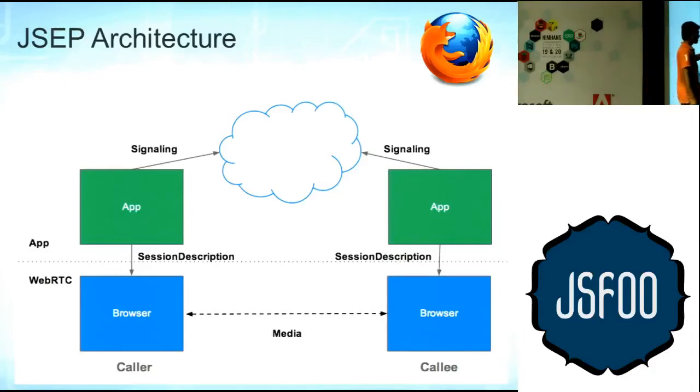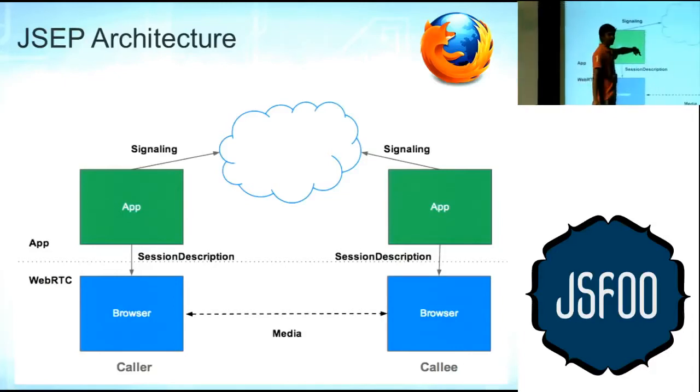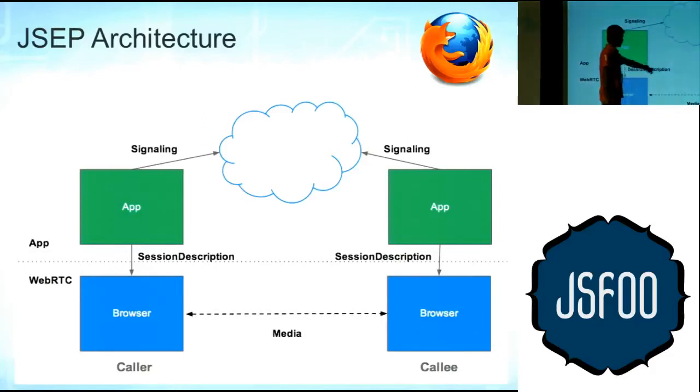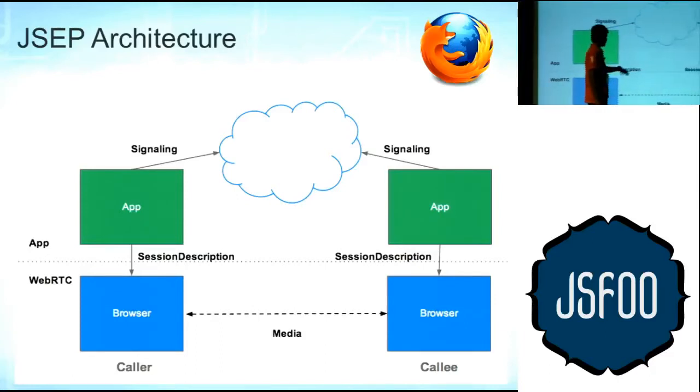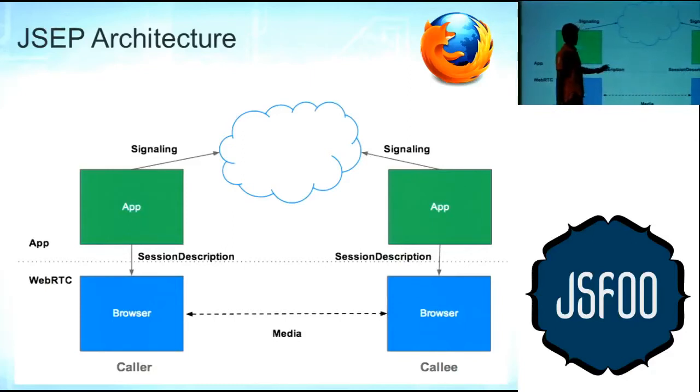What you notice here is that the two apps are not connected, like what happens in Skype and all. The two browsers are connected directly, and once the session description is got, the media is exchanged between the browsers. You no longer need the inbuilt add-on or app inside the browser. It's a direct connection between the browsers and it's peer-to-peer, so it's real fast.